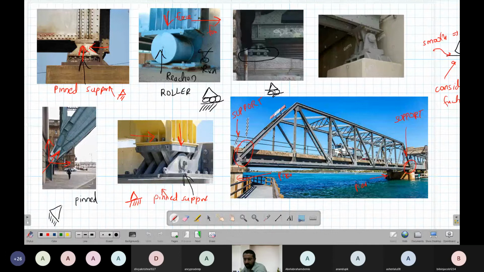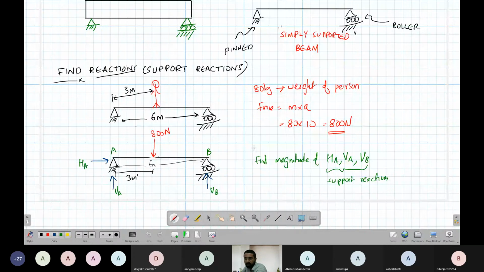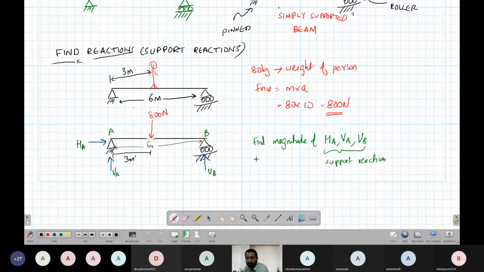A pin support can give two forces; a roller support can give one force. Now, what I am trying to do is find the magnitude of the forces. I am observing that the beam is not moving.